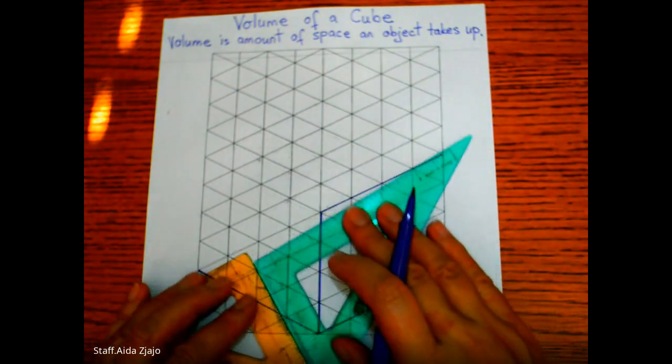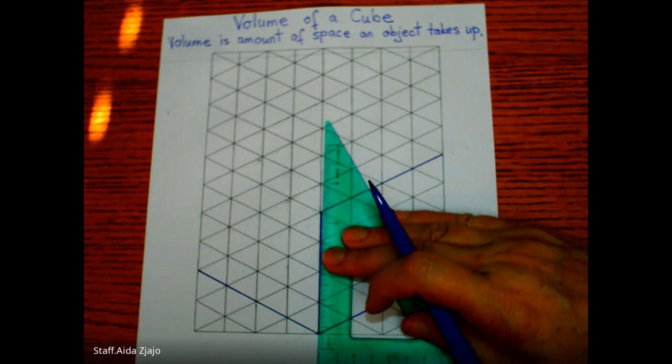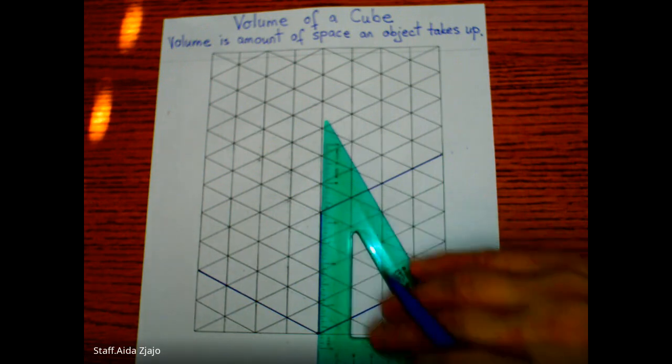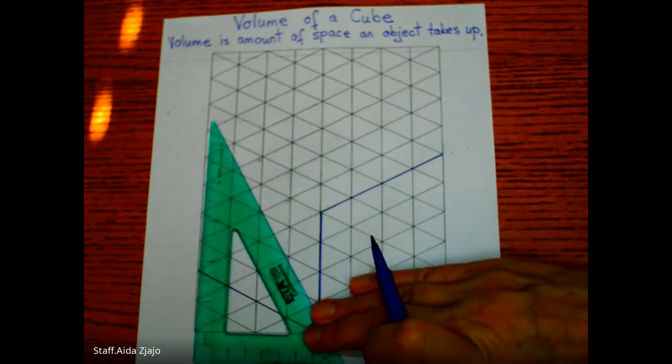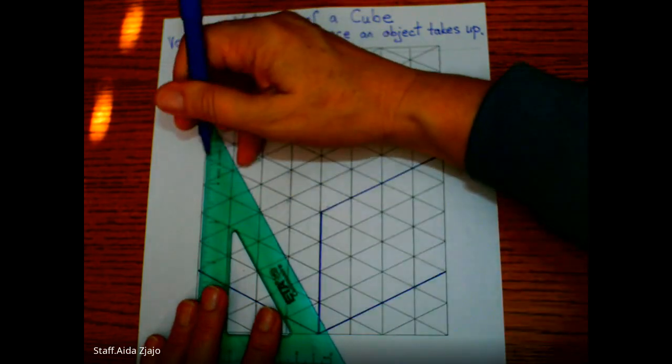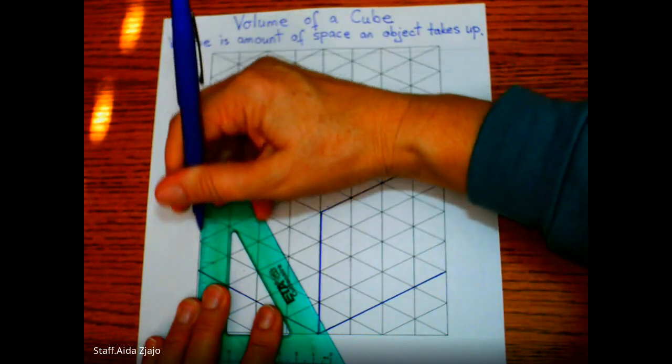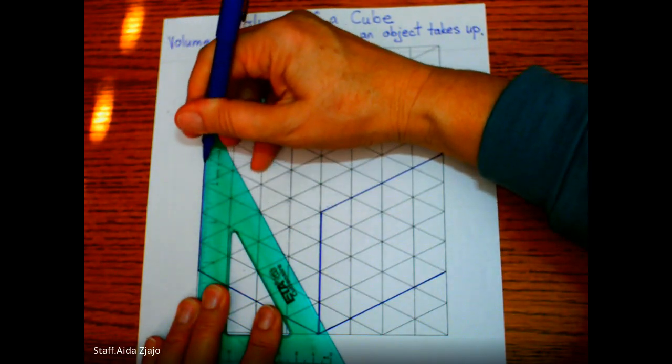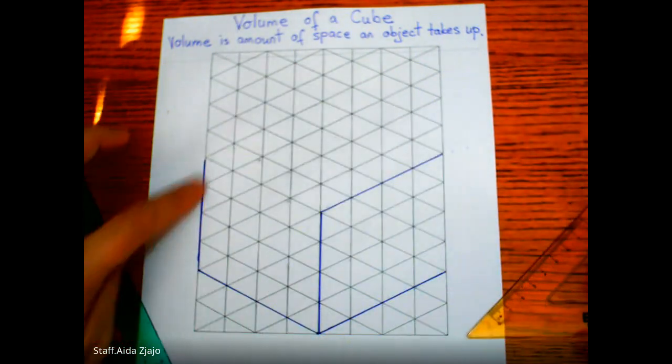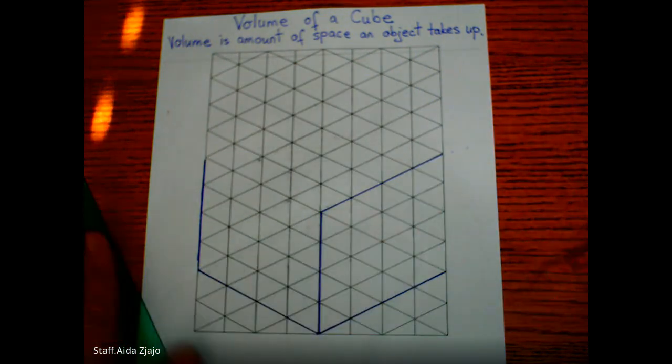And the height is also shown in a cube, going to the end this way. So this will be our parallel height, this line, this line, and this line.